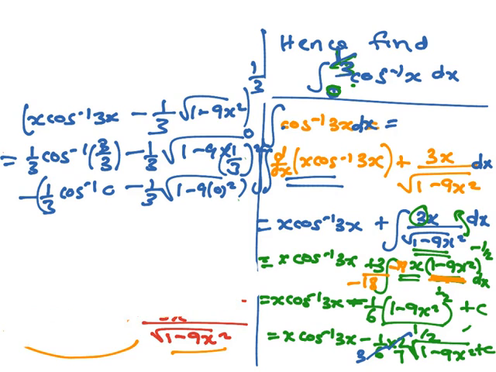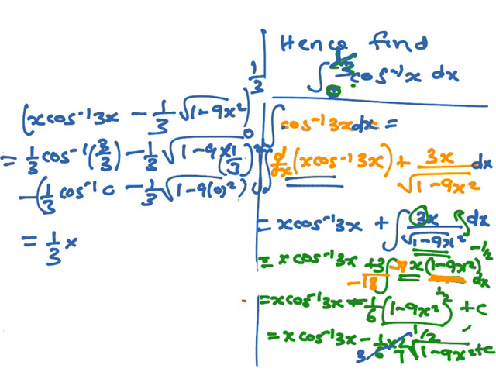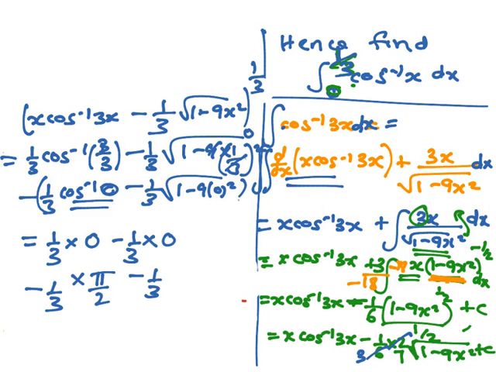So finishing that off now, that's going to be 1/3 cos⁻¹(1), which is 0, minus 1/3 times the square root of 1 minus 1, which is 0, minus 1/3 cos⁻¹(0). So cos⁻¹(1) is 0. cos⁻¹(0) is pi on 2, minus 1/3 times the square root of 1.